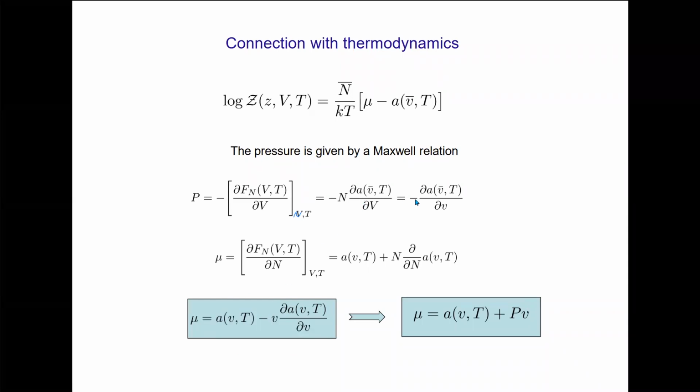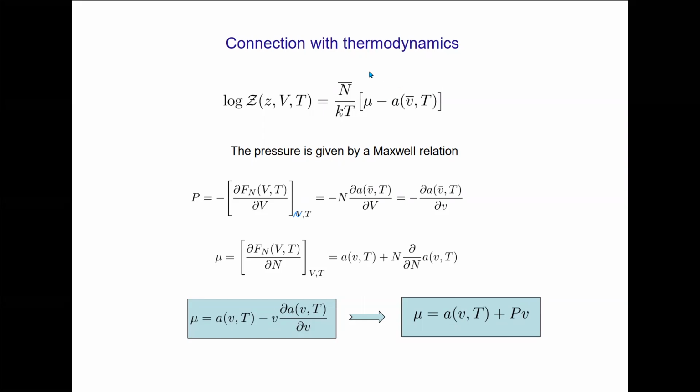And using the result for pressure from the first equation, I can substitute the expression for the derivative d over dv equal to minus pressure and use it here. So d over dv becomes minus pressure, and I get from thermodynamics that the chemical potential should be equal to a(v,T) plus P times the volume per particle.